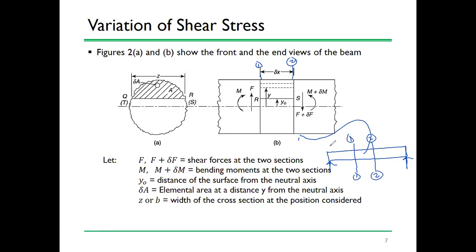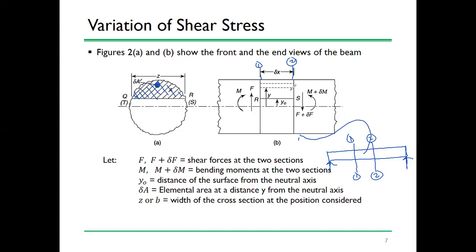Now, when we cut the section in the previous slide, this is the surface we were seeing. This is the total area we saw in the previous slide. Now, we just want to consider a small area here, which is the shaded small area called dA.